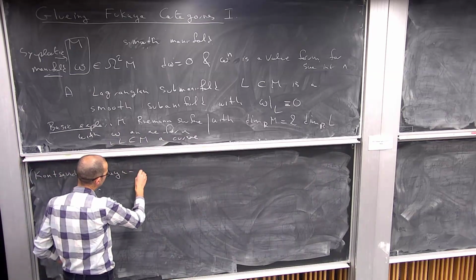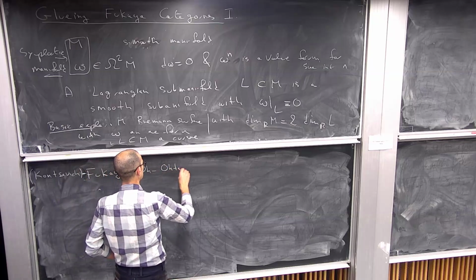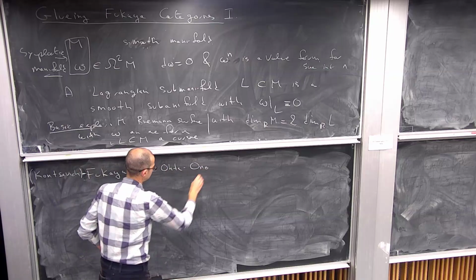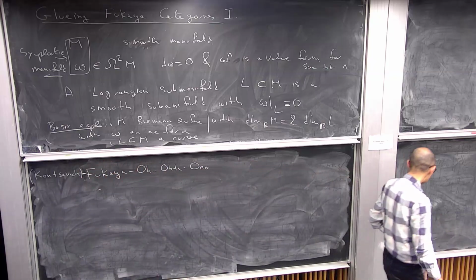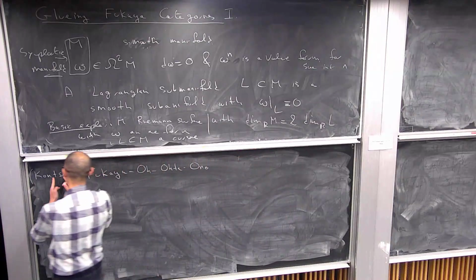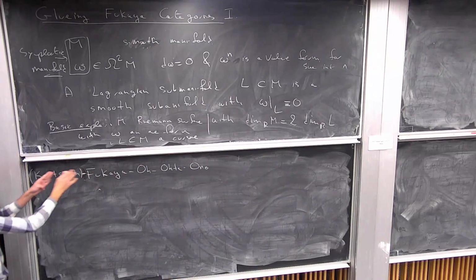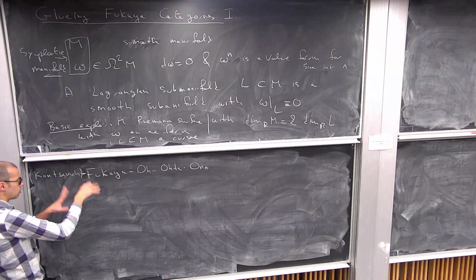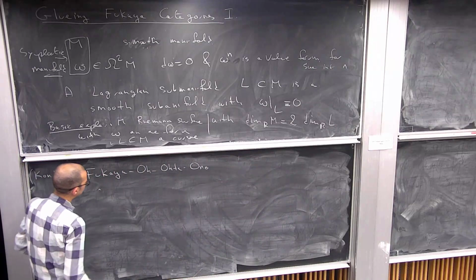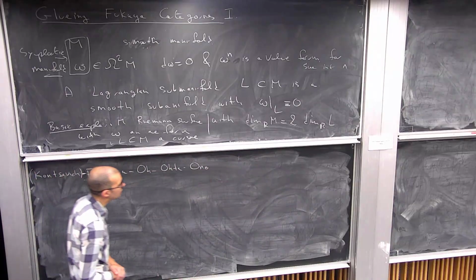Fukaya, and then I'm going to put Oh and Ono, because once it was thought that this machine should exist, so this was the early 90s, Kontsevich went to Japan and gave some lectures. Fukaya was there and was like, oh, I recognize what the structure is. We can do it. Maybe the order was slightly different, but anyway, it took them about 10 years to be able to write down what this idea would be.